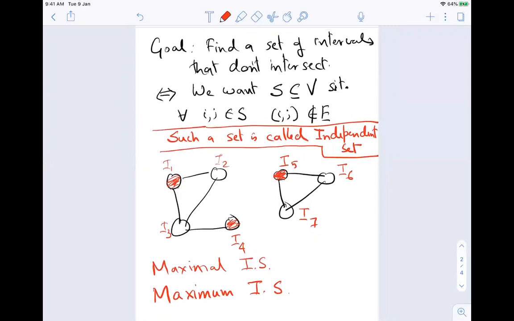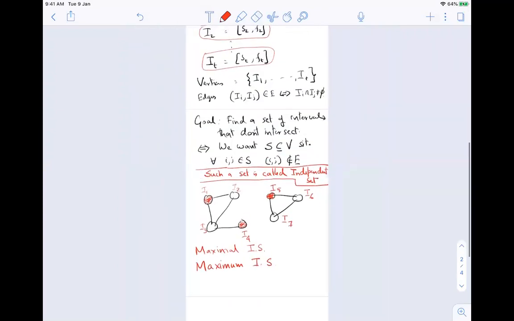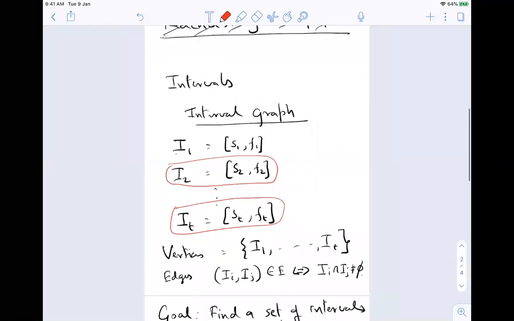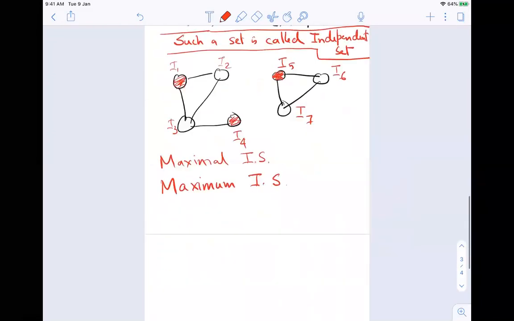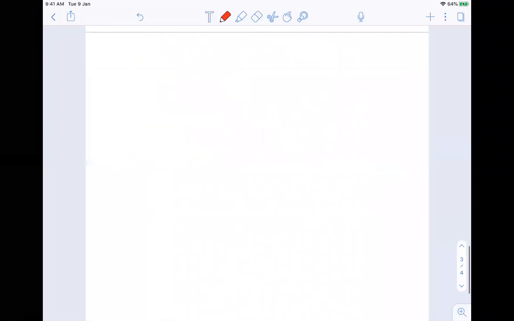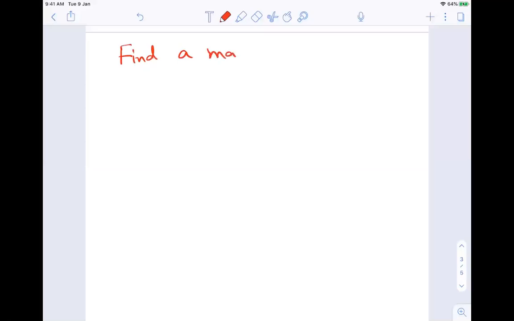So if I have to convert your problem into the problem of graph theory, it would have come to this form: find a maximum independent set in an interval graph. So this was basically the question that you guys solved in your 4.1.